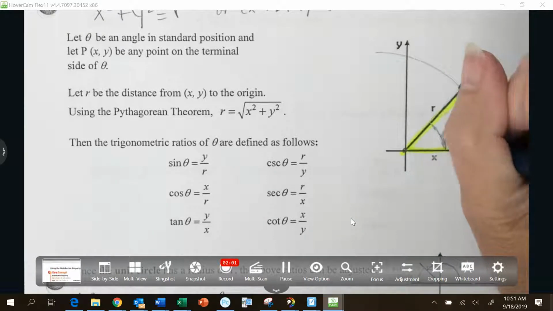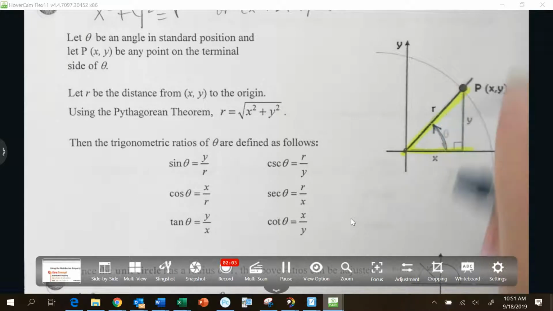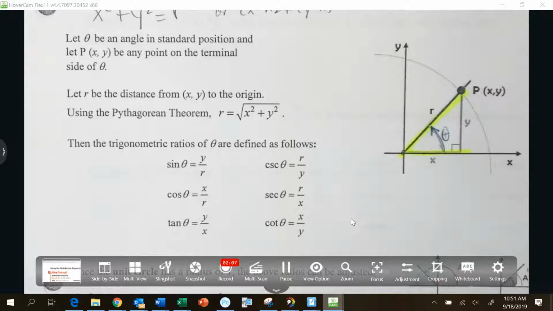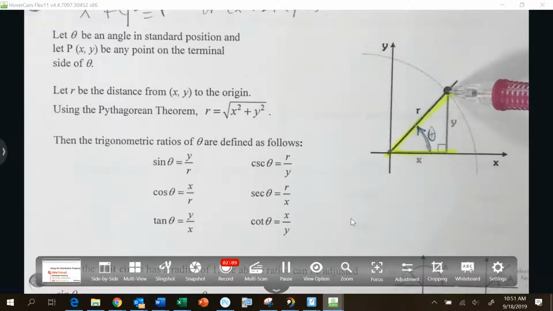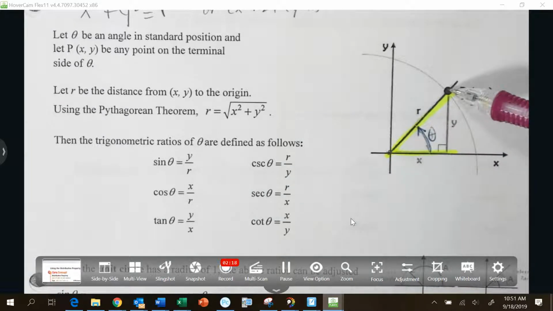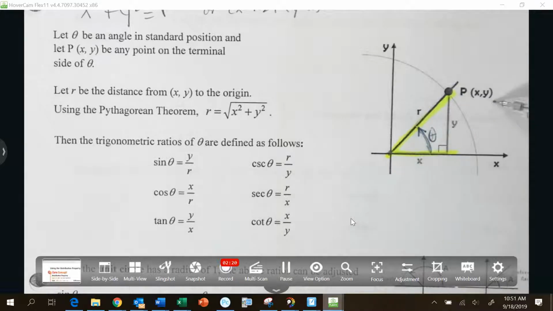And then theta is that angle. To get to this point here, we go x units to the right, and we go y units up, and that's how we graph that point.